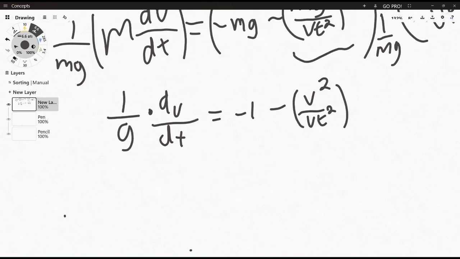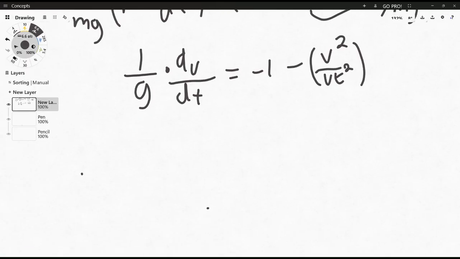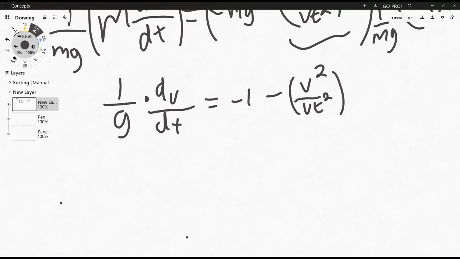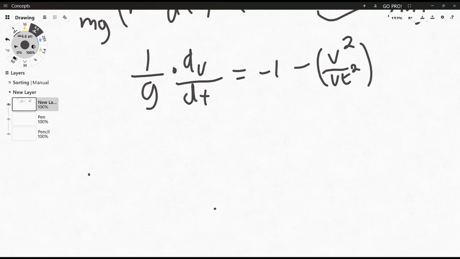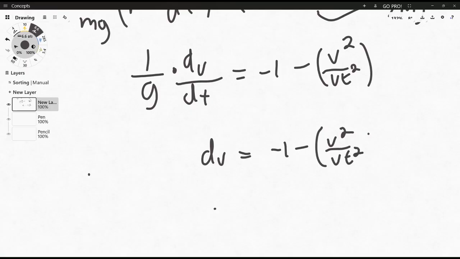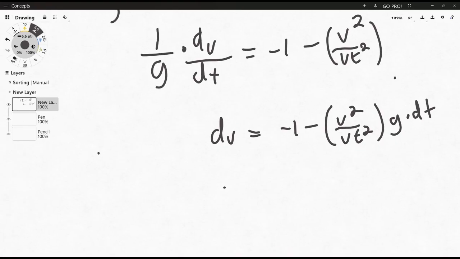Now that I have that, I'm going to try to integrate both sides. First of all, I'm going to get the dt to the other side. So this is dv equals -1 minus V squared over VT squared times g times dt, right?